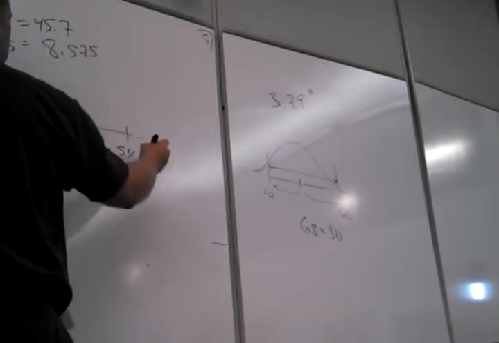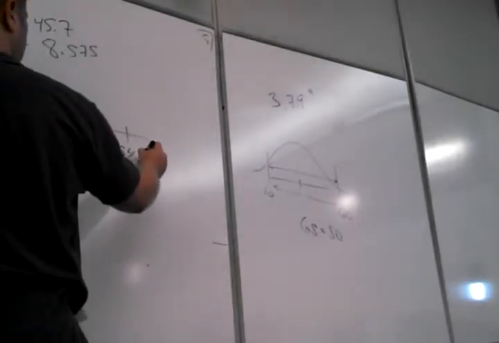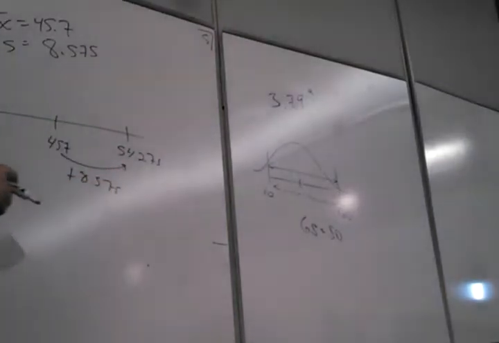So you go to 54 point, somewhere in there. And if you go down one, so 45.7 minus 8.575, I got 37.125. So is that cool by itself? Do you guys see what that means?